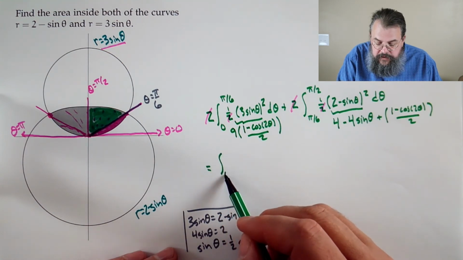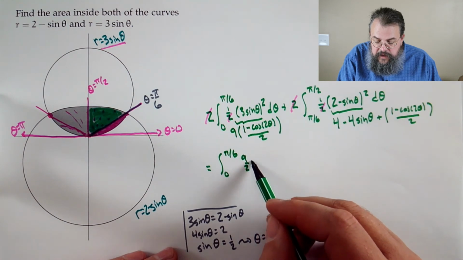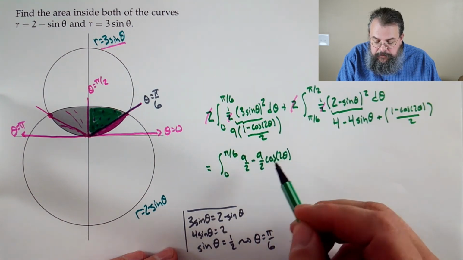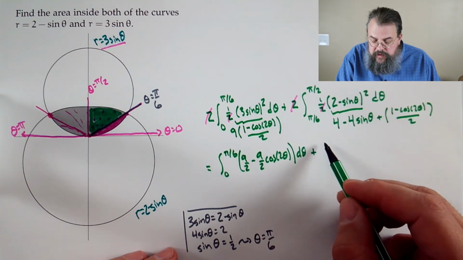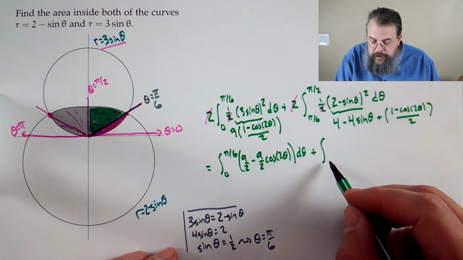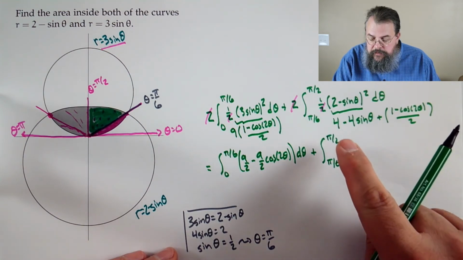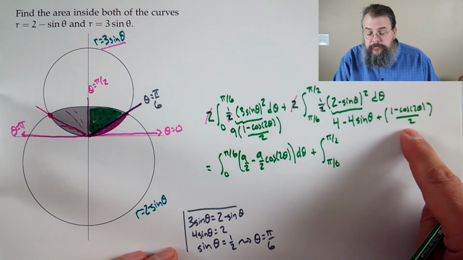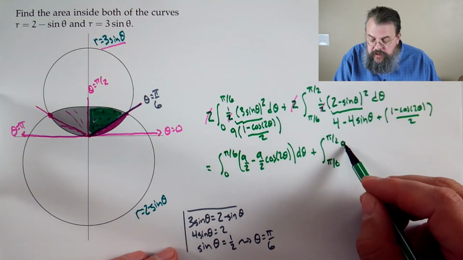So what do we really have? We have the integral from 0 to pi over 6 of 9/2 minus 9/2 cosine 2 theta d theta, plus the integral from pi over 6 to pi over 2. We're going to have 4 plus a half, because there's a 4 and a half, which makes this also 9/2.